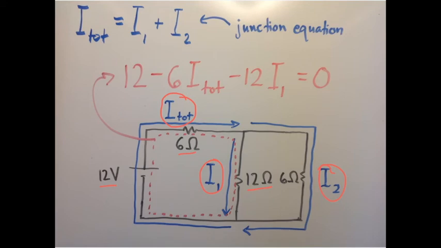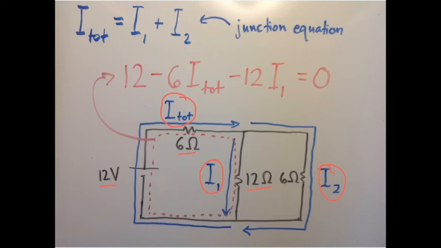Oh, Mr. Erico, hold on. What about the 6 ohm and I2? They're not in your equation. Did my path go through them? If the answer is no, then it really doesn't matter. If I didn't use a loop that includes those circuit elements, then I don't care about them.